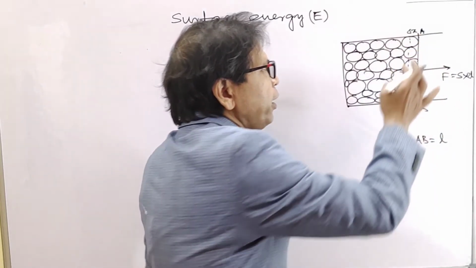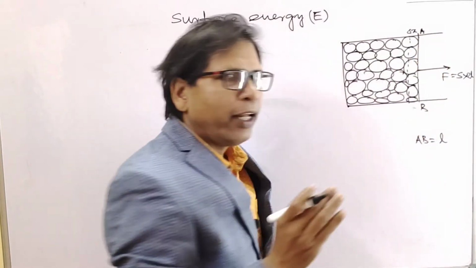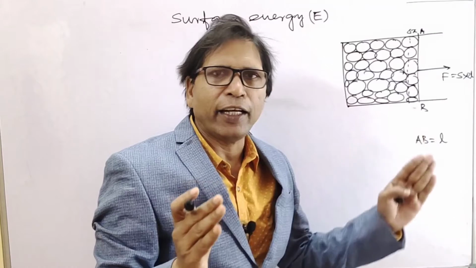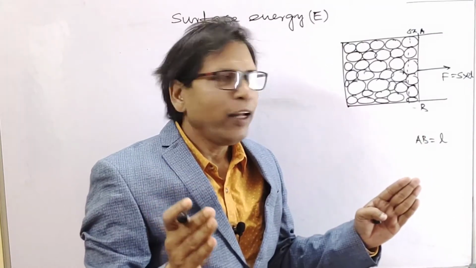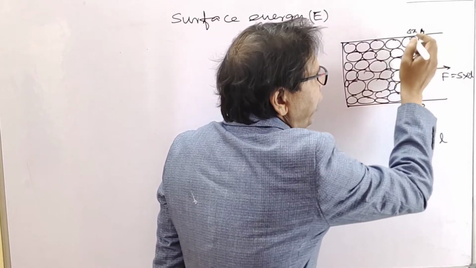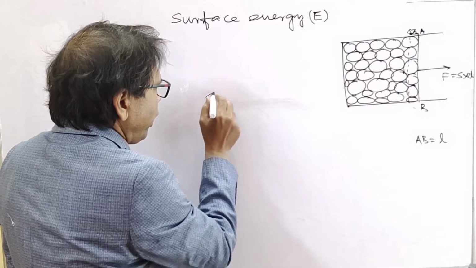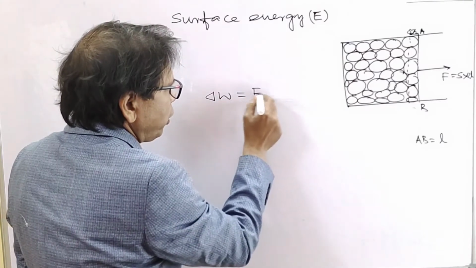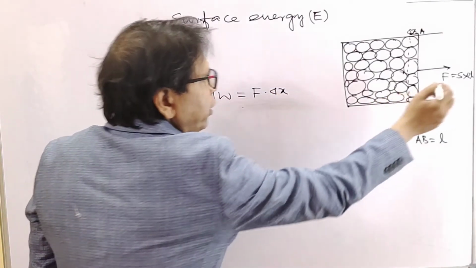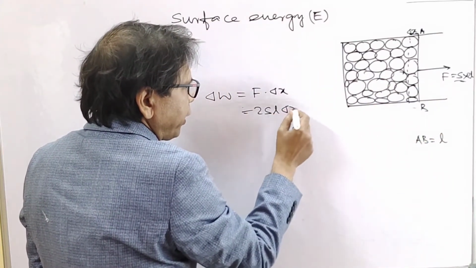Here the length of line of contact in the outward direction is L and in the inner direction is L, so this is 2L. Now the amount of work done to displace AB by a distance delta x, delta W, is force into delta x. So this is 2SL into delta x.